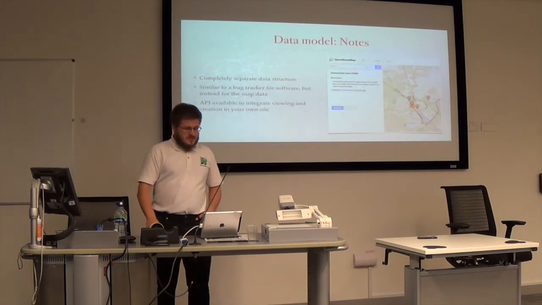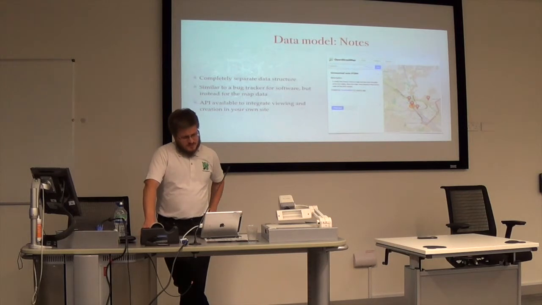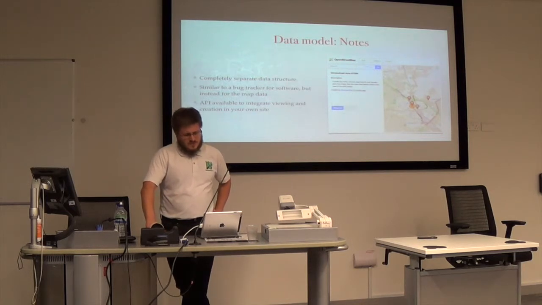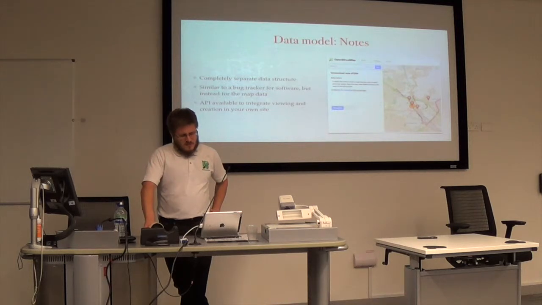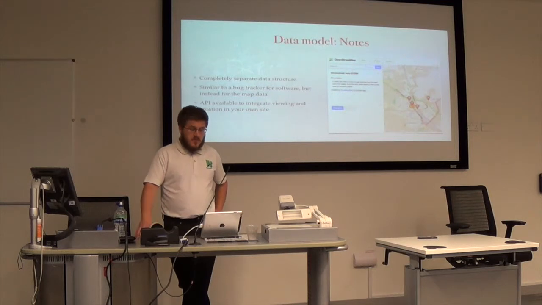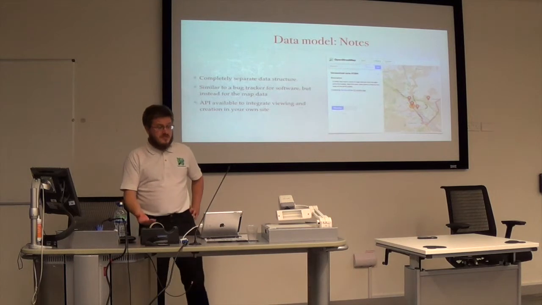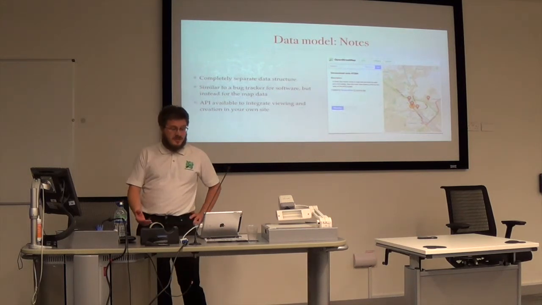But the problem was those bug tracking systems weren't getting kept up to date, and because they weren't integrated into the main OpenStreetMap website, it was very difficult for people to know they were actually there.